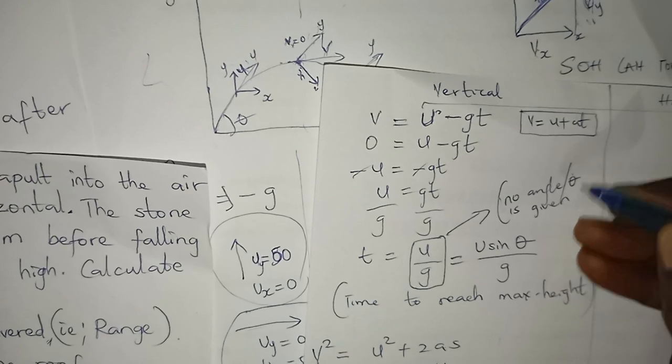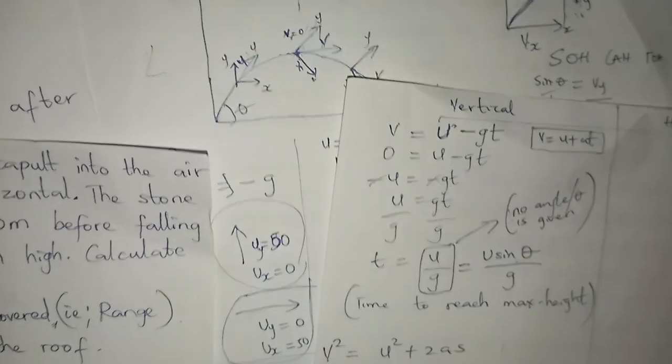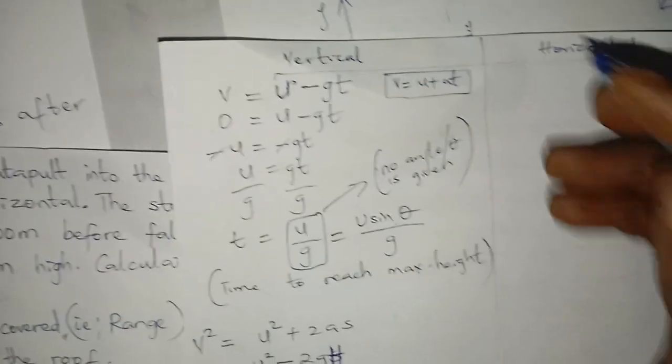But once there is an angle given in that question, you remember that u means u sine theta on the vertical axis. Now for the horizontal axis, let's just try and derive the things we've derived for this one.